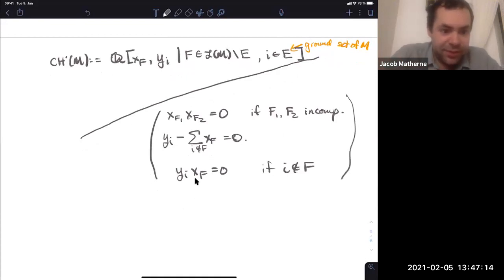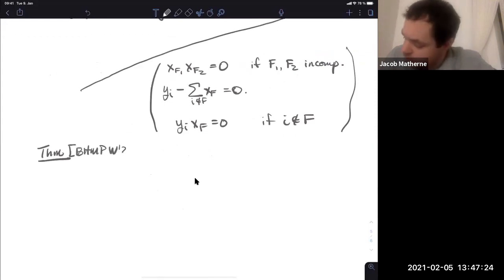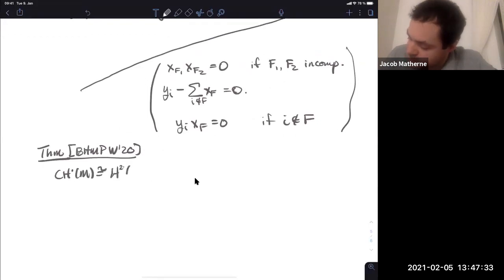It's something you can work with. And the theorem, as I said, is something we prove in our paper: that this is the cohomology of the resolution when we have geometry, when A realizes M.